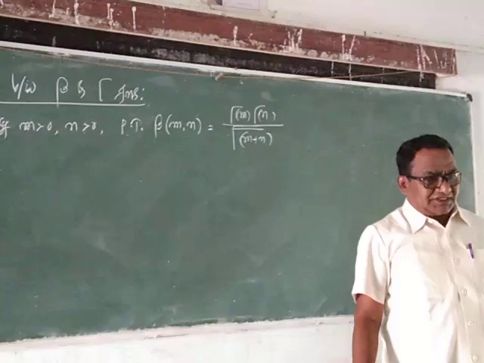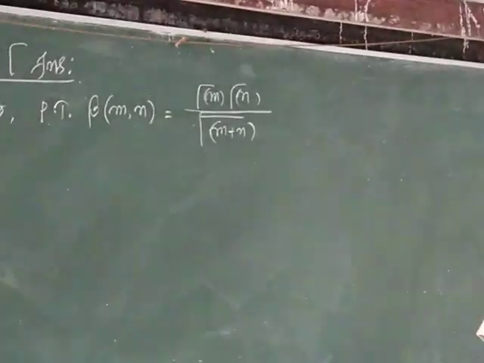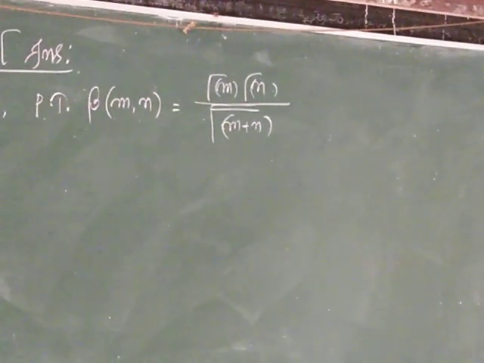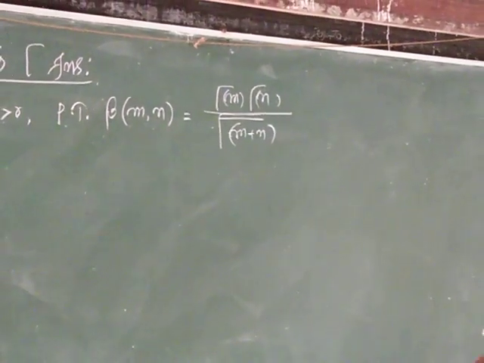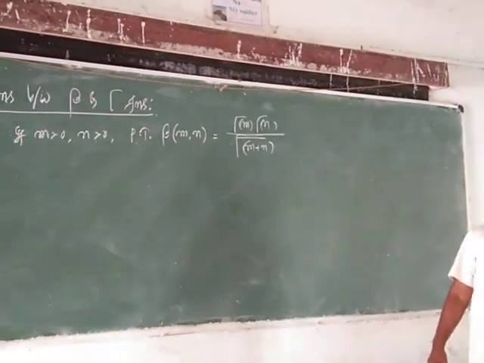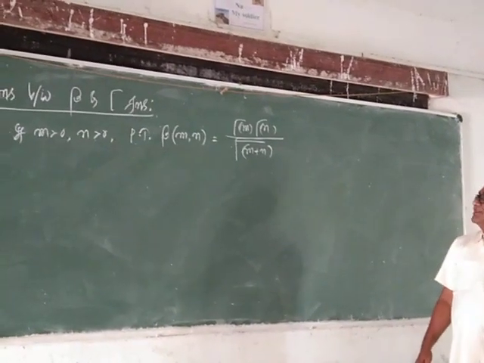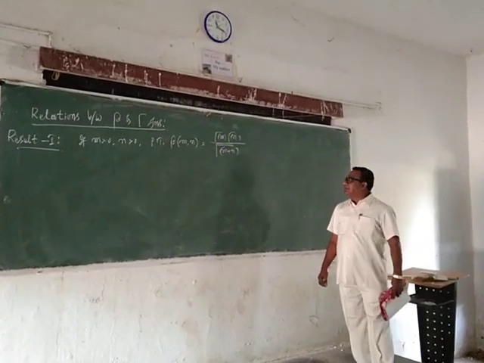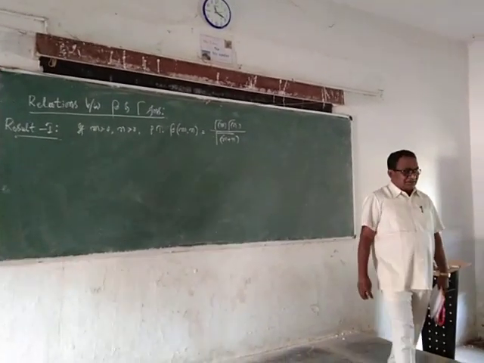The left hand side is a beta function, whereas the right hand side is a gamma function. Now we are going to relate beta and gamma functions.